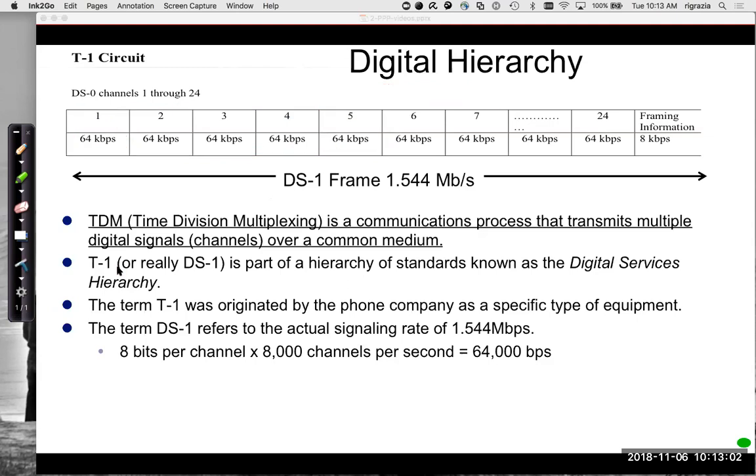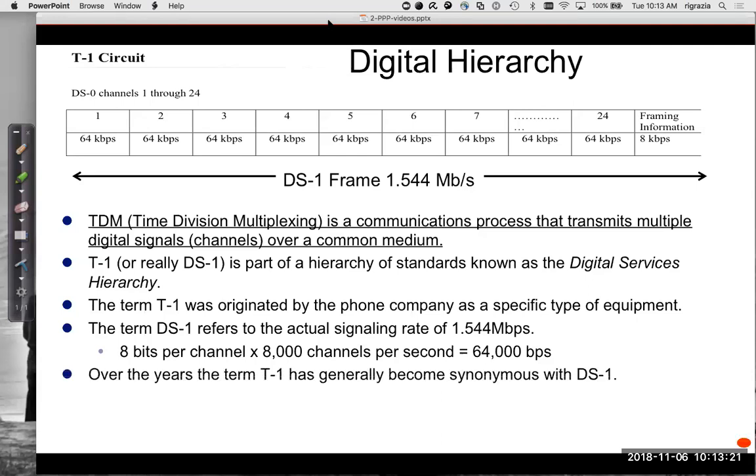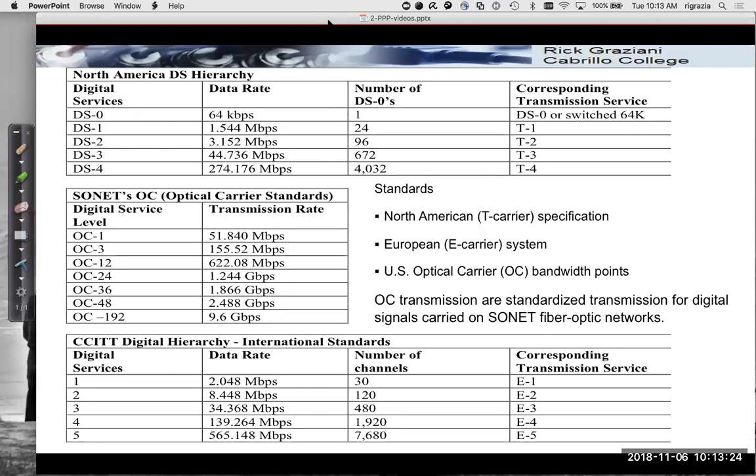Okay, but that's really the underlying digital hierarchy that we see even today. So that's why you see a lot of older circuits: 64K, 128K, 256K, 1.544 megabits, etc. So this shows the more up-to-date, more current digital hierarchies, starting with the North America hierarchy of digital services DS0 through DS4.